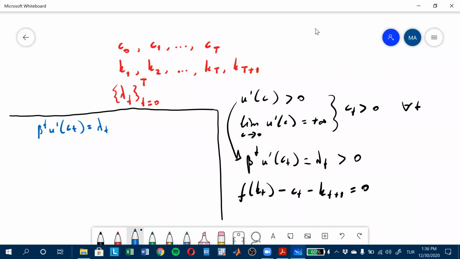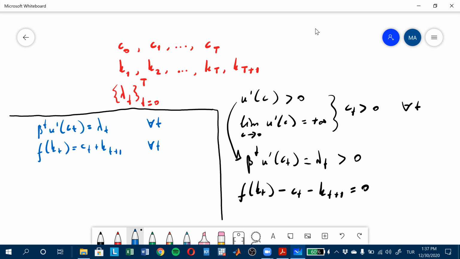So the constraint will be like this. This is true for all t, be careful. So f(k_t) will be equal to c_t plus k_{t+1}. So this is true for all t again, because lambda_t is positive for all t.